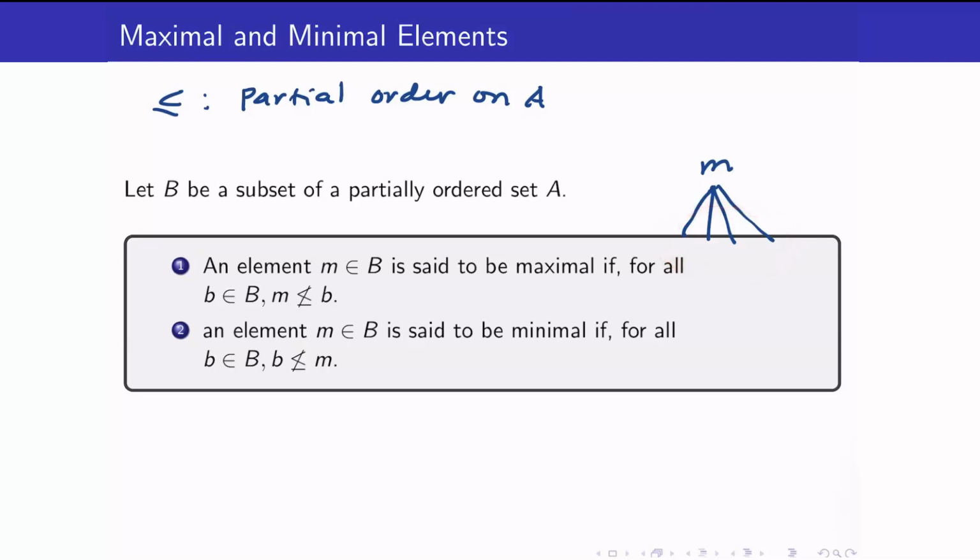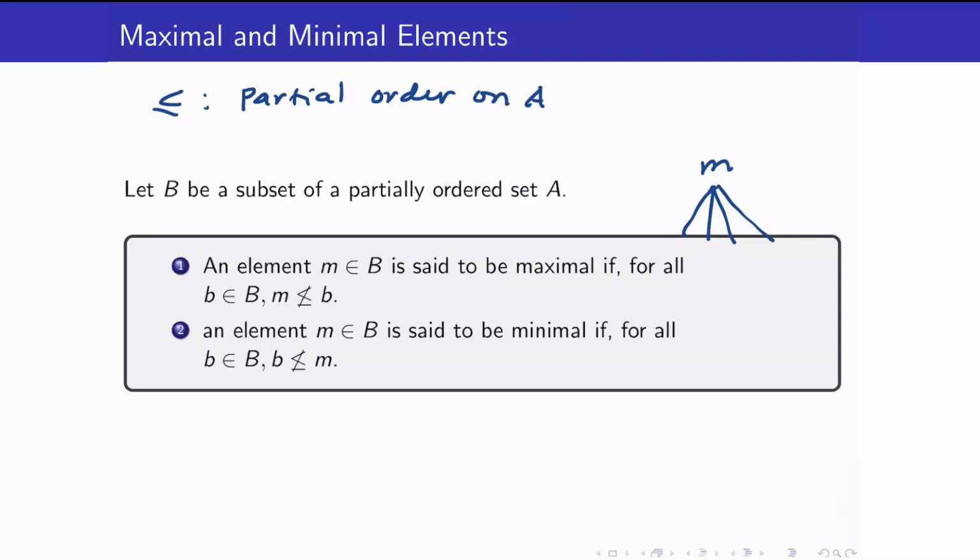That means you cannot find anything on top. Now, you might be thinking, then what is the difference of a maximal element with a maximum element? Because this one sort of looks like our maximum element. Correct?